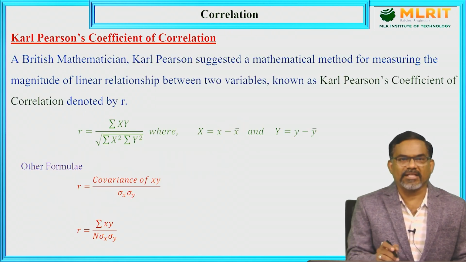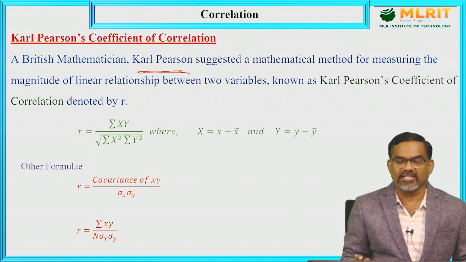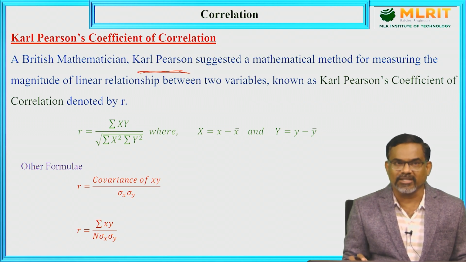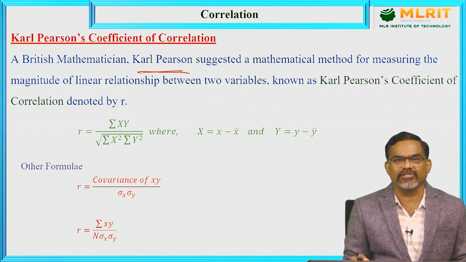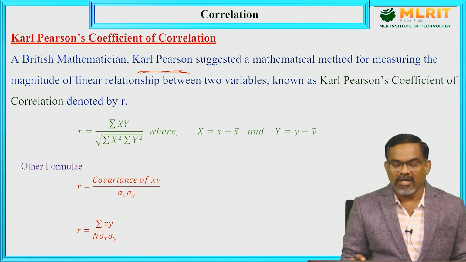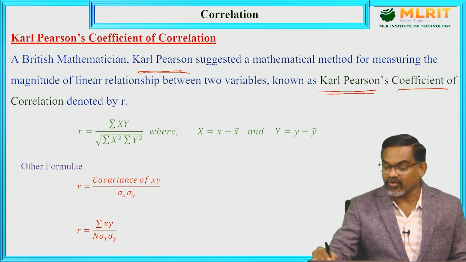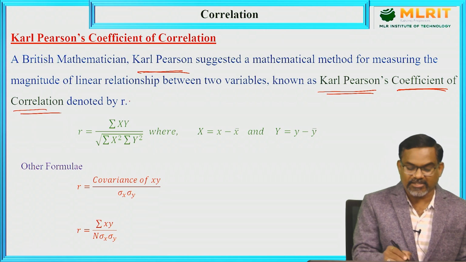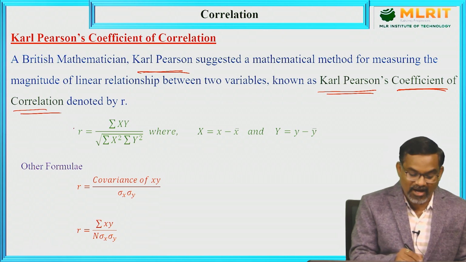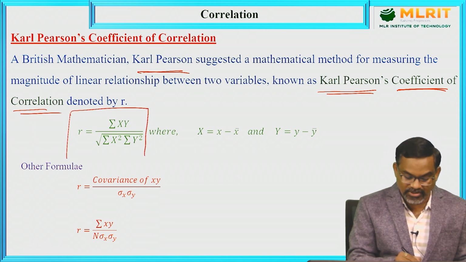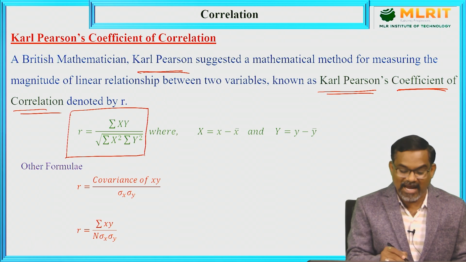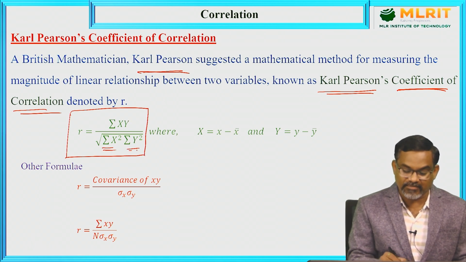A British mathematician, Karl Pearson, suggested a mathematical method for measuring the magnitude of linear relationship between two variables, which is known as Karl Pearson's coefficient of correlation, denoted by small r, is given by R equal to, you see this is the formula, sigma capital X into capital Y by under root sigma x square into sigma y square.